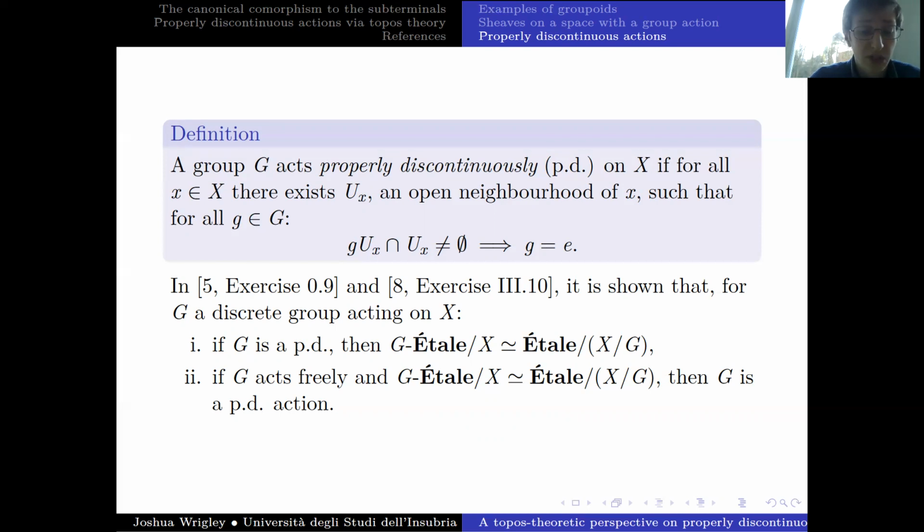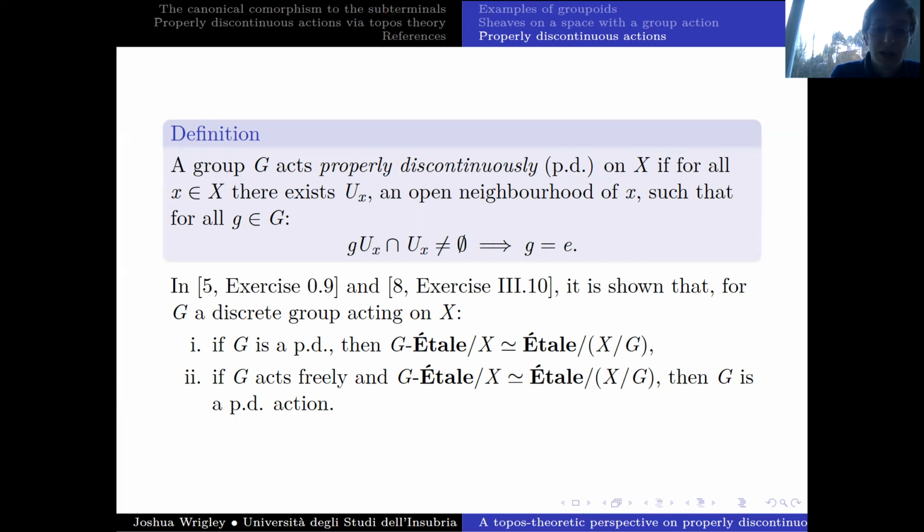In these two exercises, it's shown that if G is a properly discontinuous action, then we end up with the desired equivalence. And there's an almost converse: if we assume that G acts freely and we have the desired equivalence, then G must be a properly discontinuous action. So that's the setup, that's the inspiration for what we're going to be doing next.